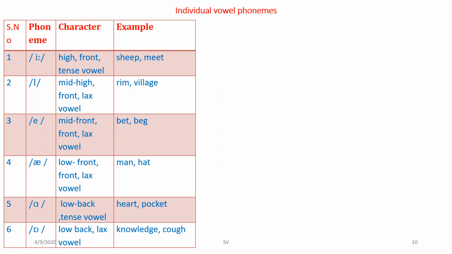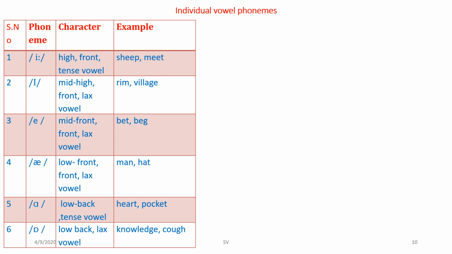Number 2, E. It is a mid-high, front, lax vowel. Example: rim, village. Number 3, A. It is a mid-front, lax vowel.